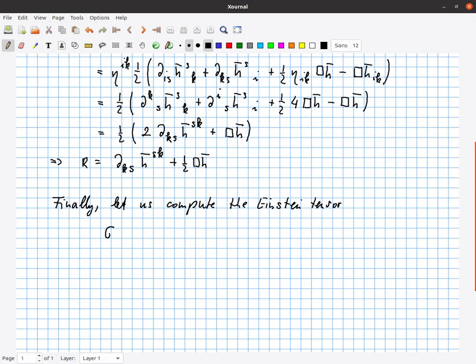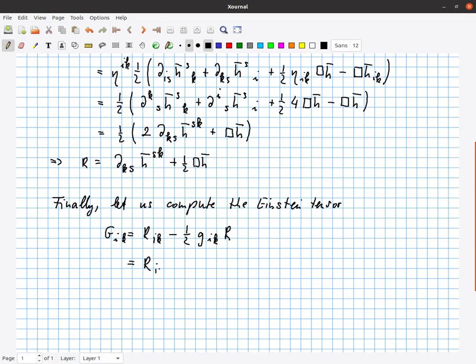Our definition is G_ij equals R_ij, I should really use a k, so I can copy the above result, minus 1/2 g_ik R. As before, note that R, the Ricci scalar, is already linear in h, which means any contributions of g from h will be quadratic in h.